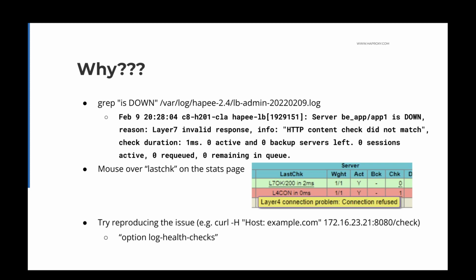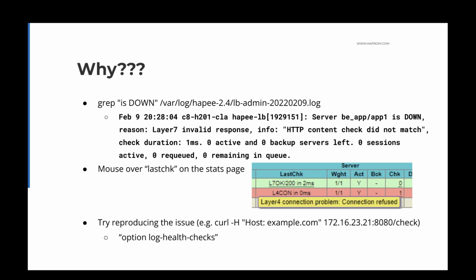Trying to reproduce the issue with curl and seeing if it's just HAProxy or if it's the backend is generally a good idea. Even if you can access the backend directly from your browser, sometimes something is between HAProxy and the backend, and HAProxy is not lying about being unable to contact it.